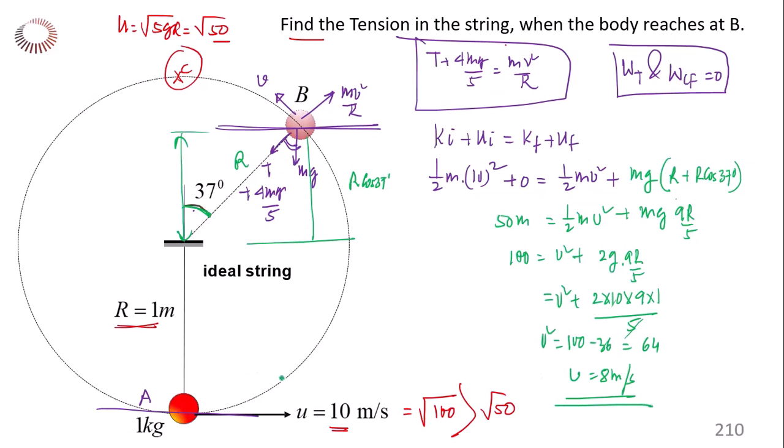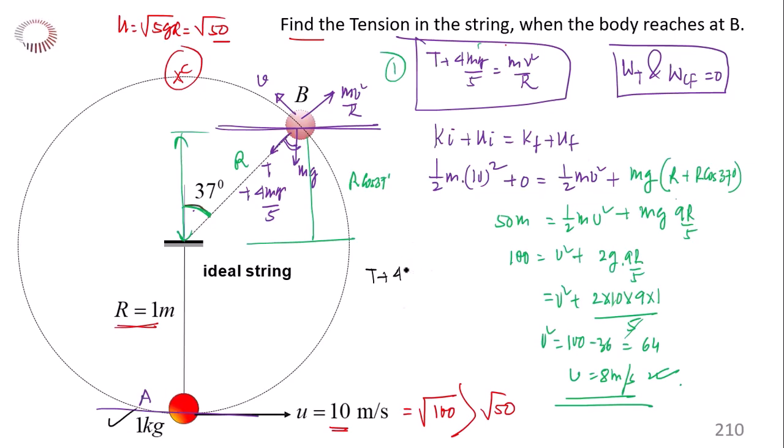Once the particle reaches that point B, the velocity is 8 meter per second. So now we put this 8 meter per second value in equation number 1. Once I put it in equation number 1, I can get the value of T. So T plus 4mg by 5, m is given as 1 kg.